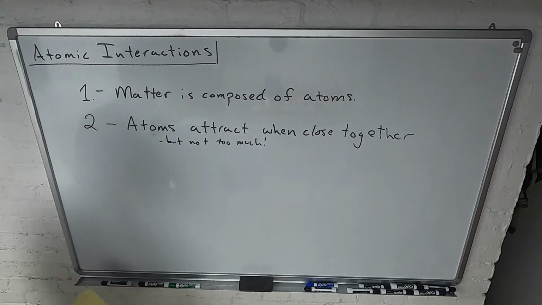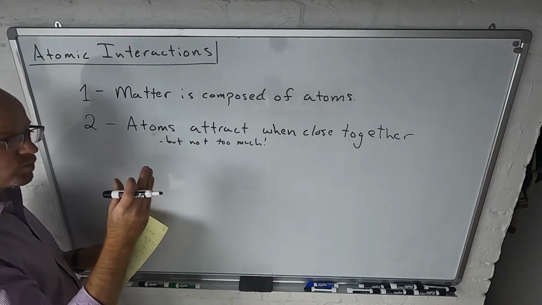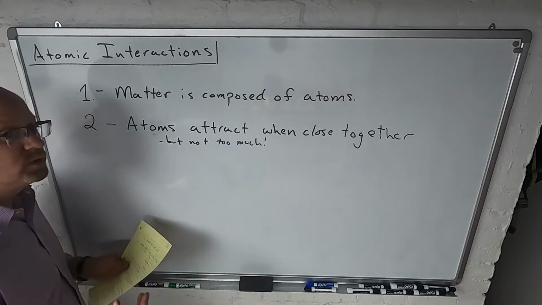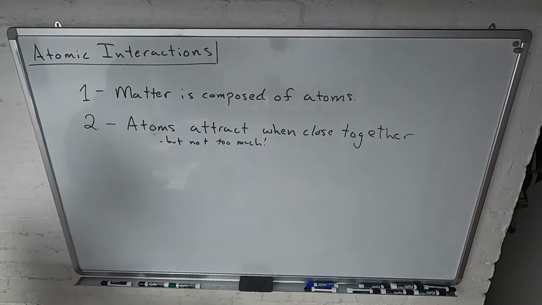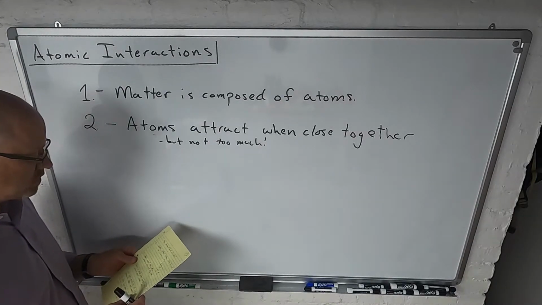We don't want our atoms to slam together and be stuck forever right on top of each other. We don't want the nuclei to form another nuclei. That would be fission. We don't want that to happen all the time, because then there wouldn't be anything except a big lump of protons and neutrons.